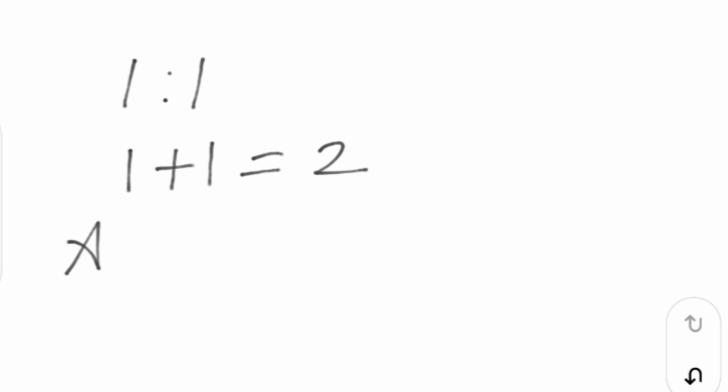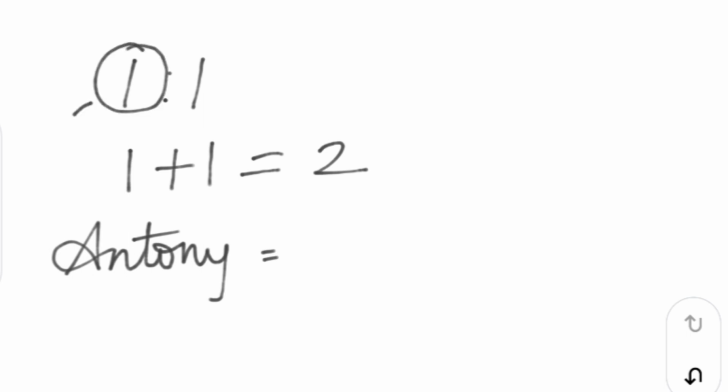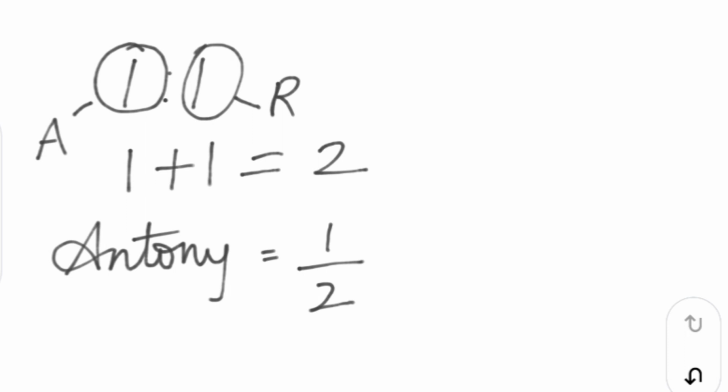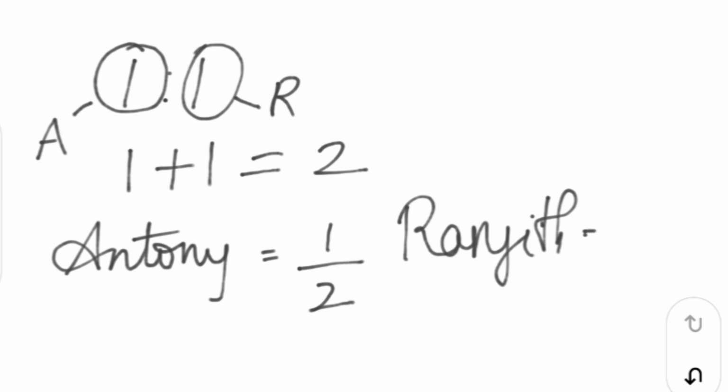Now the first one is going to be for Anthony and the second one is going to be for Ranjit. So Anthony, it is going to be 1/2, that is nothing but half. And for Ranjit, Ranjit's share is 1, so 1/2. So this is how we are going to split it up.